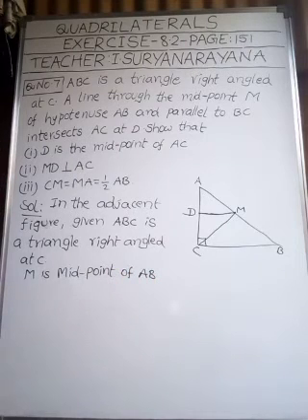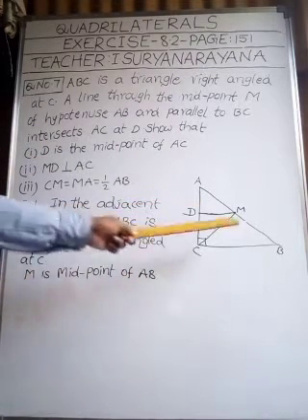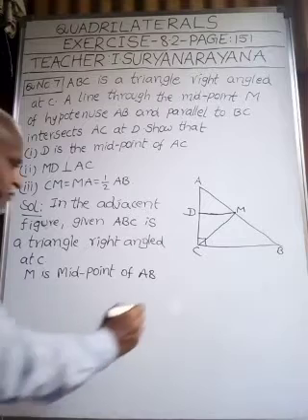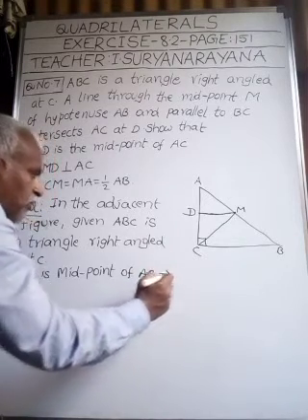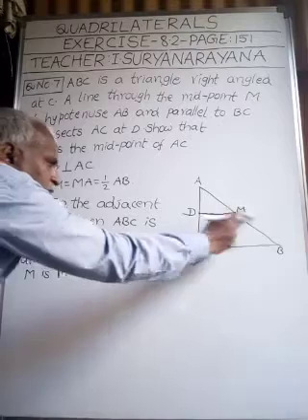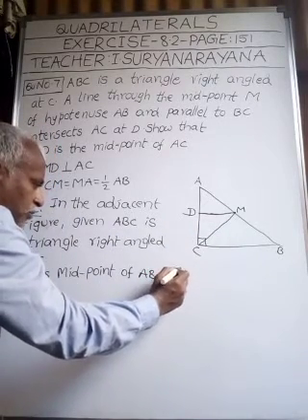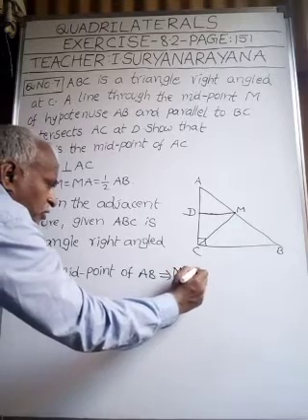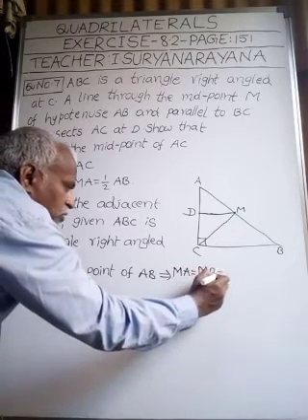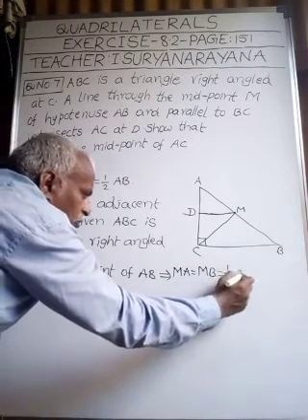M is the midpoint of AB, the hypotenuse. So we can write AM is equal to MB, or MA is equal to MB, which is equal to half of AB.